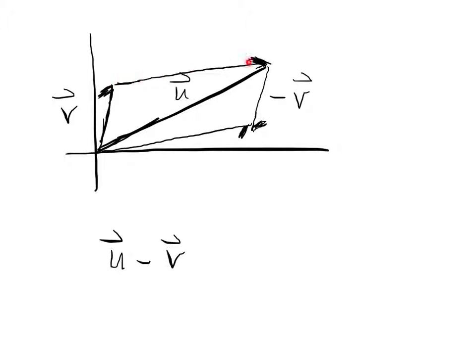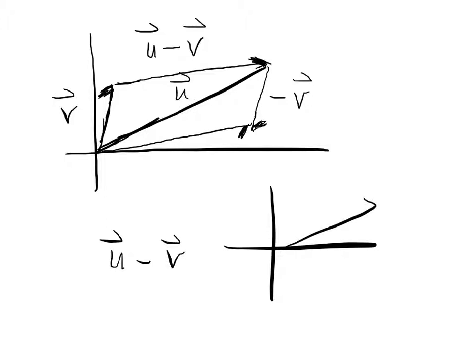So this vector up here, from my original diagram, here's u, here's v, forming this triangle, is going to be u minus v. In summary, I've got two vectors, here's a u, here's a v, and u minus v is going to be this vector right here, forming a triangle.